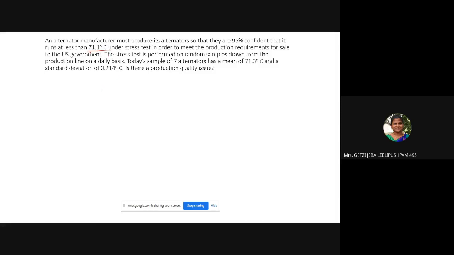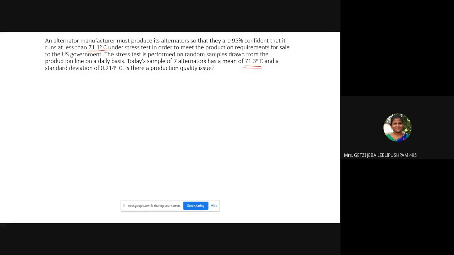So this was the accepted fact. Then, under a stress test, in order to meet the production requirement for sale to the US government, the stress test is performed on random samples drawn from the production line. So they just test 7 alternators.